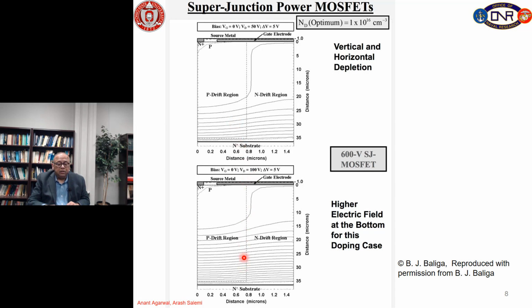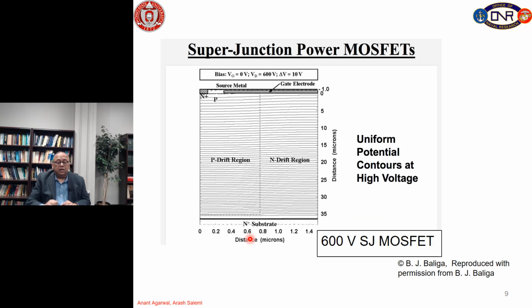You can see that the field in the Y direction is building up, and the electric field seems to be higher at the bottom than on this side because the potential contour lines are closer together at the bottom.